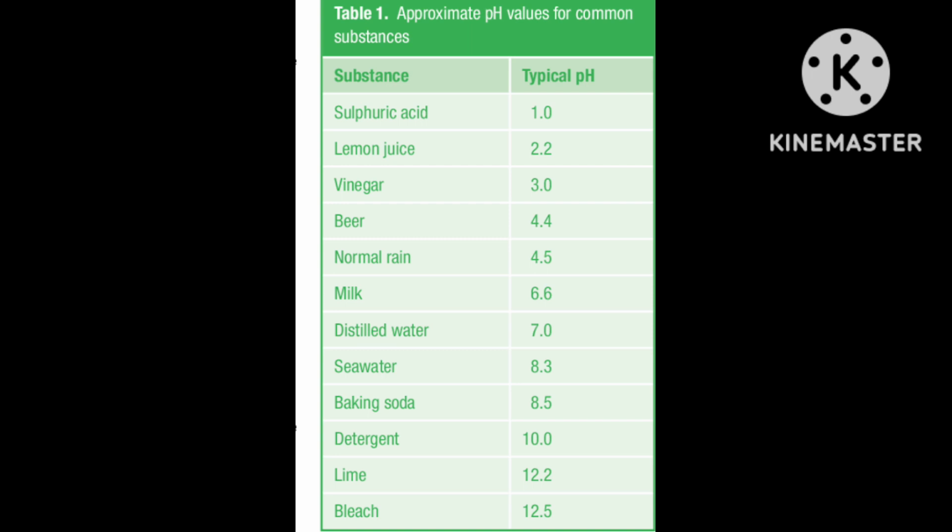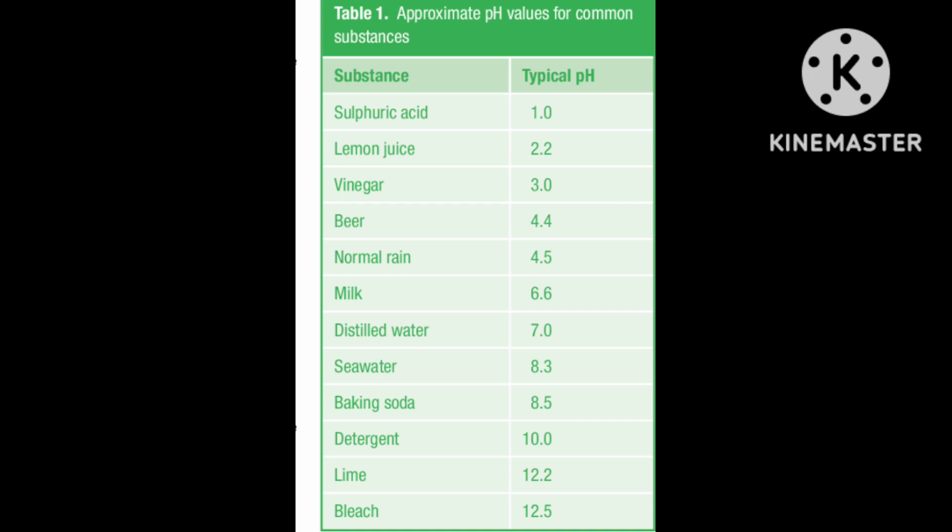Hence, if you know Ka, then Kb you can know. If you know Kb, then Ka you can know, because the Kw value is known. Knowing one, the other can be obtained. It should be noted that a strong acid will have a weak conjugate base and vice versa. This I have told you.